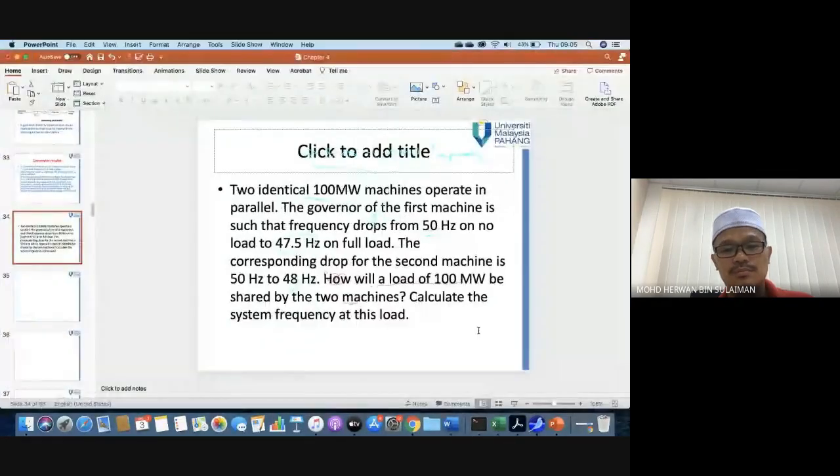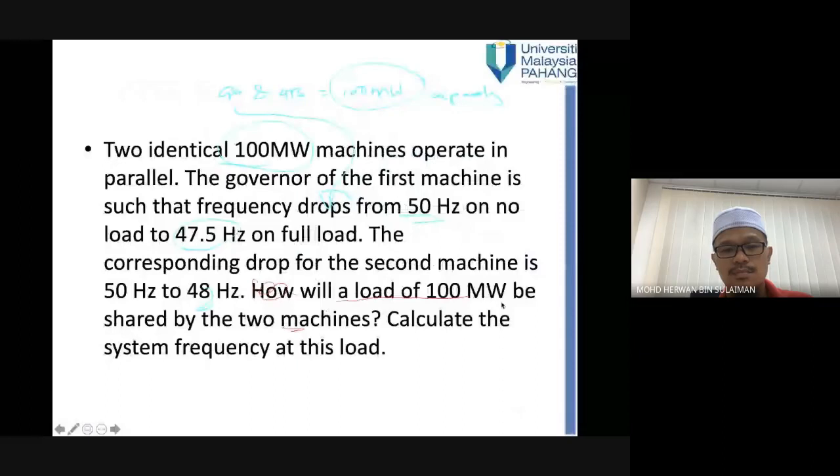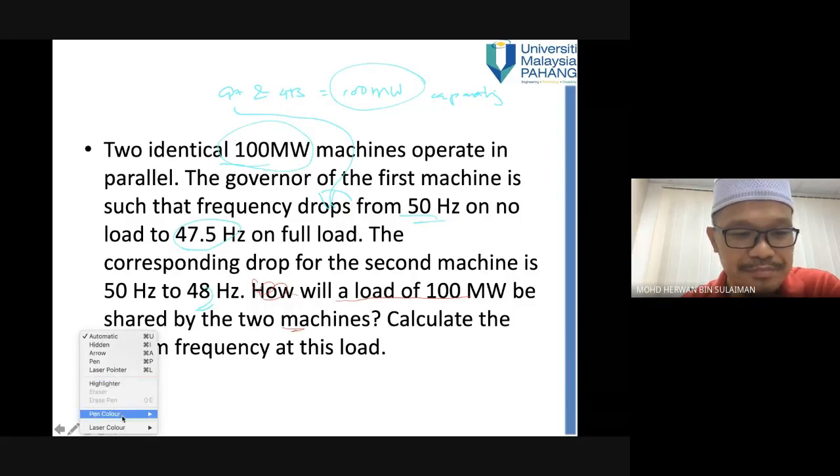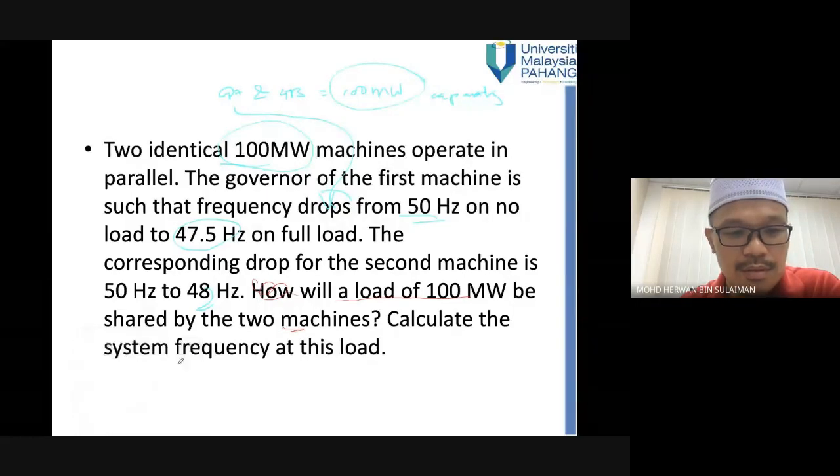Meaning that for generator number 1, generator A, this is no load frequency minus full load divided by no load, right?